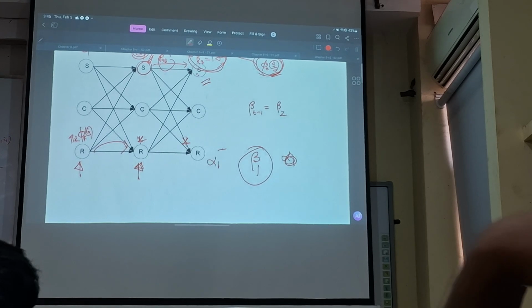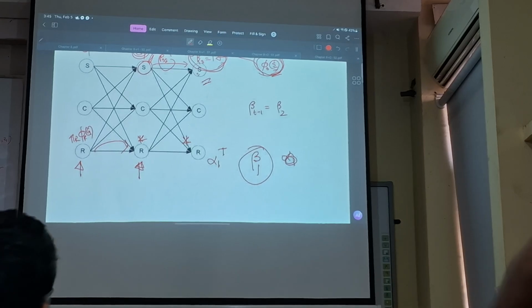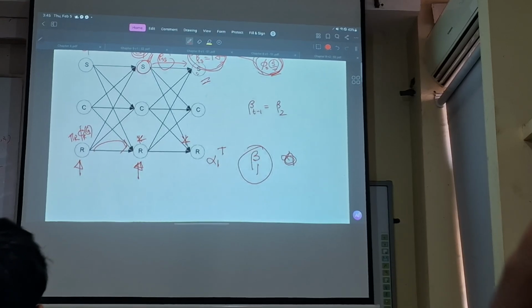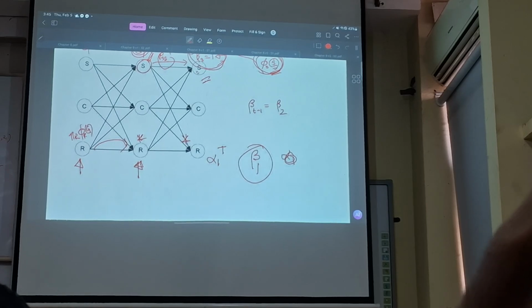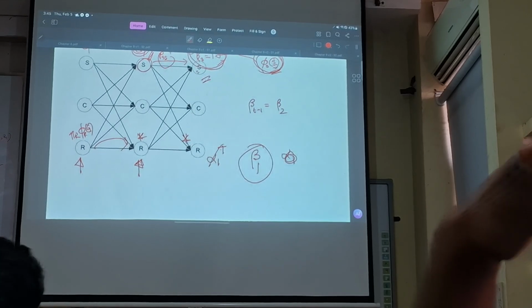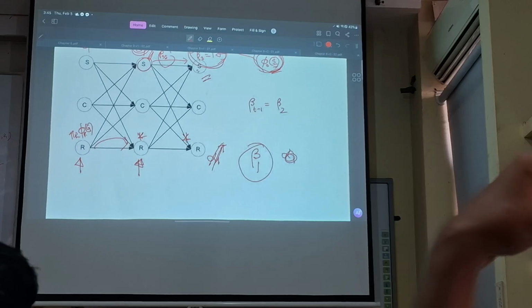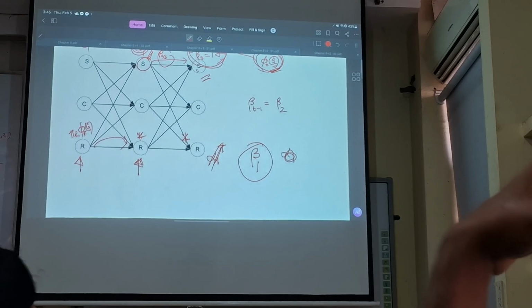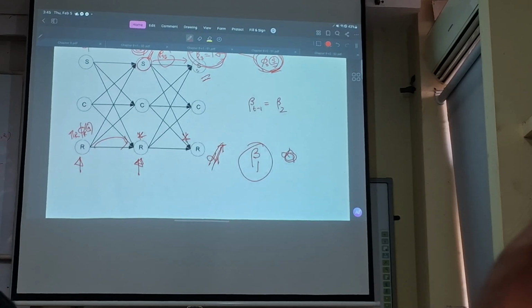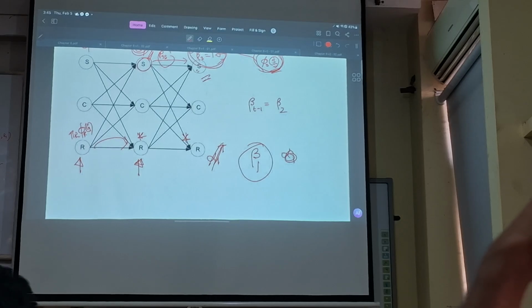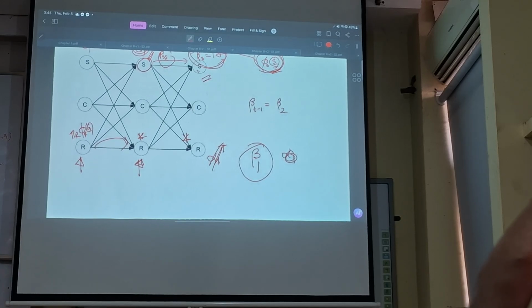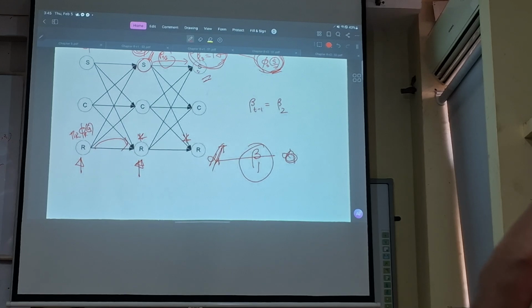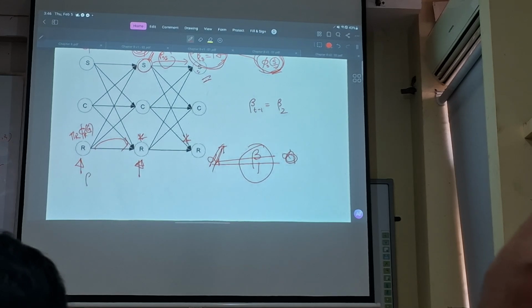This alpha 1 transpose will be multiplied, and they will be represented here. We get beta 1 here.